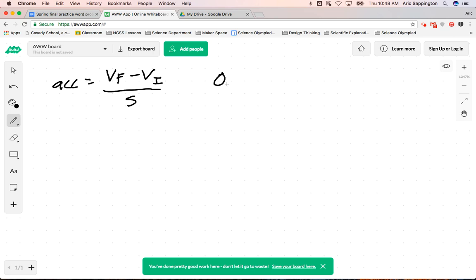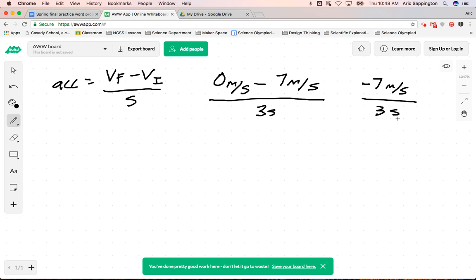And we're coming to a stop, so it's going to be 0 meters per second minus 7 meters per second divided by 3 seconds. So when we do this, we get 0 minus 7 is negative 7 meters per second divided by 3 seconds. So your answer is going to be negative, because a negative divided by a positive is a negative, and you're going to be left with meters per second squared.